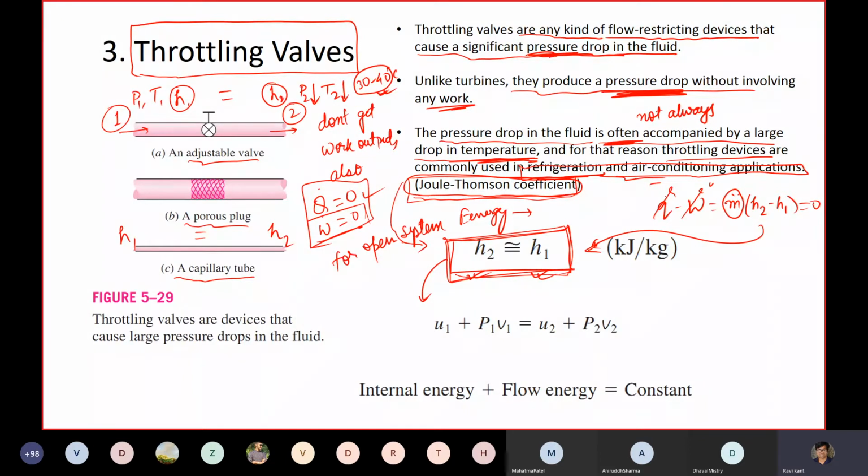So you come up with this particular equation, and this has a very large implication on engineering devices. We can again write in terms of internal energy and the flow work. From here we can deduce that the sum is kept constant in an isenthalpic process. What does it mean?